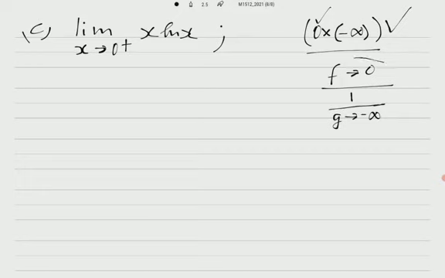So you haven't changed anything, because the first one goes to 0. If you turn this one upside down, you are back to 0 times minus infinity. But you can put it in this form. In this form, which is the new form now, you have achieved 0 over 0. Look at it properly. You have achieved 0 over 0 because the denominator, as g goes to minus infinity, goes to 0, and f goes to 0. So you have 0 over 0.